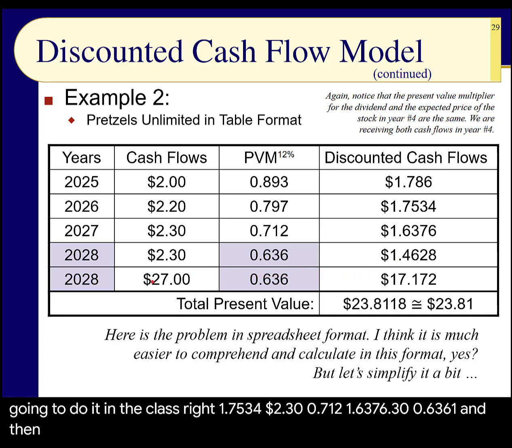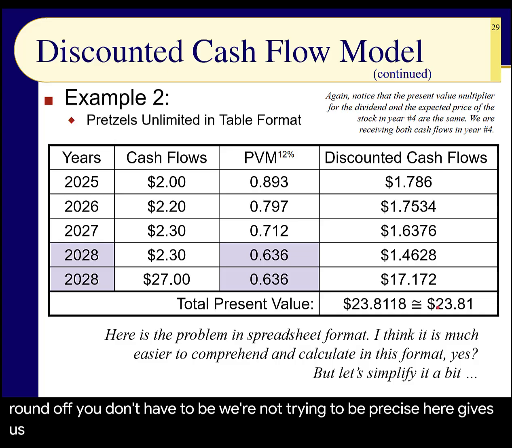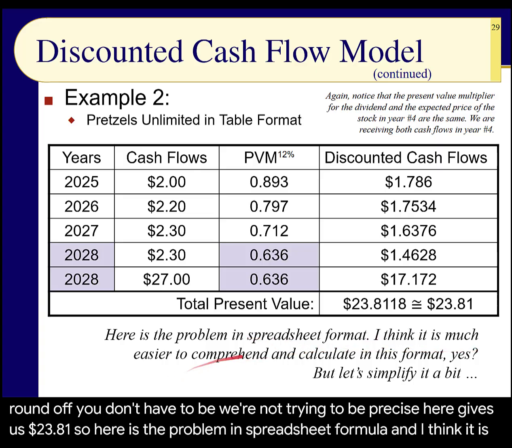And then the $27 times the 0.636, notice they're the same, $17.17. And add them all up. And don't worry, you can round off. We're not trying to be precise here. Gives us $23.81. So here is the problem in spreadsheet format, and I think it is much easier to comprehend and calculate in this format.